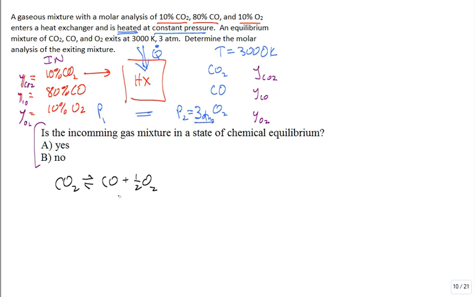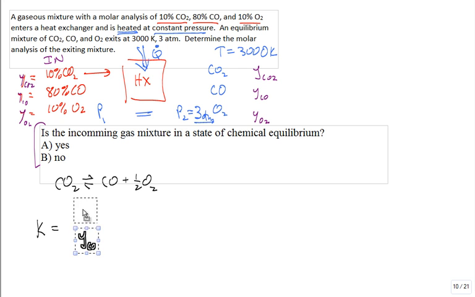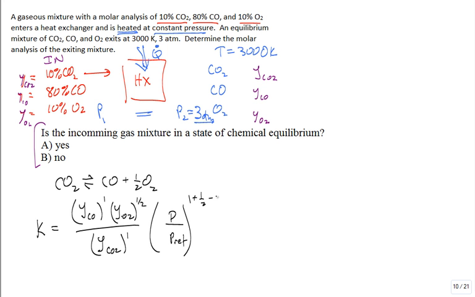Now, K is equal to Y of CO to the power 1, Y of O2 to the power 1/2, divided by Y of CO2 to the power 1, times P over P ref, all to the power 1 plus 1/2 minus 1. True? Sure. If it's in equilibrium, that will be true. The left side will equal the right side.